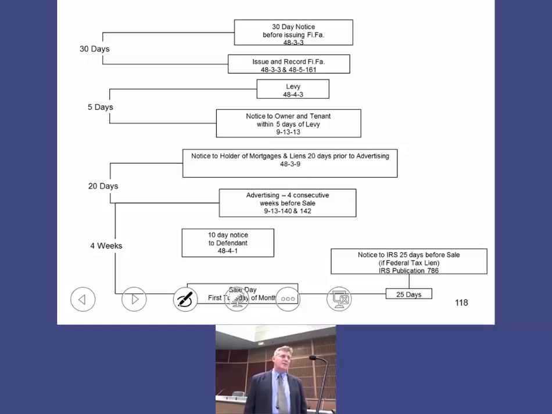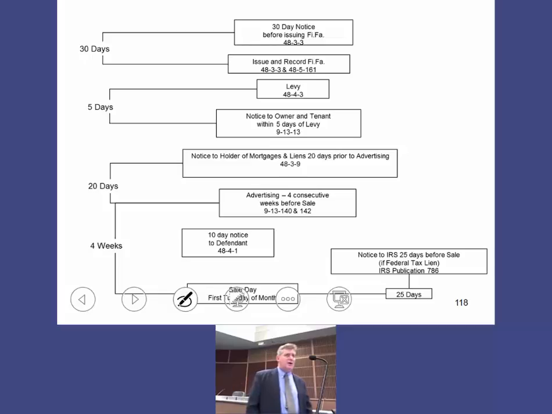And as we talked about, preferably you want to levy on the property that tax is due on, because your tax lien is going to be senior to all other liens on the property. But to do that, there's a process of advertisement and notices to creditors and the owners of the property that has to be done prior to a tax sale taking place.